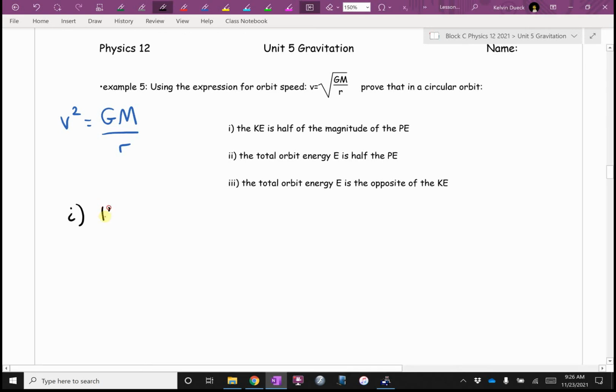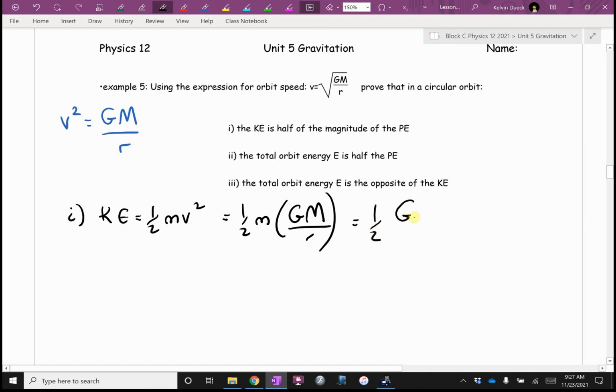Okay, so I'm going to write this. KE equals a half mv squared. But now I'm going to plug orbital speed squared into here, and I'm going to get a half little m big G big M over R. And if I tidy this up a little bit, I'll get a half big G big M little m over R. What's this?